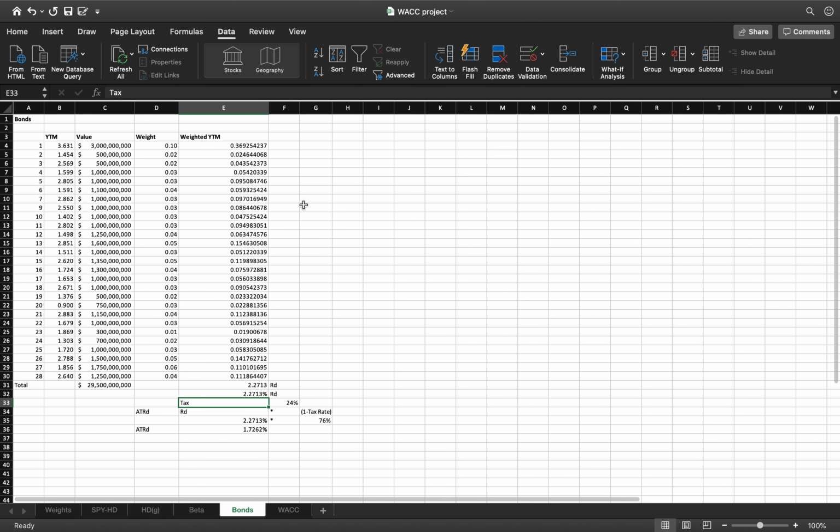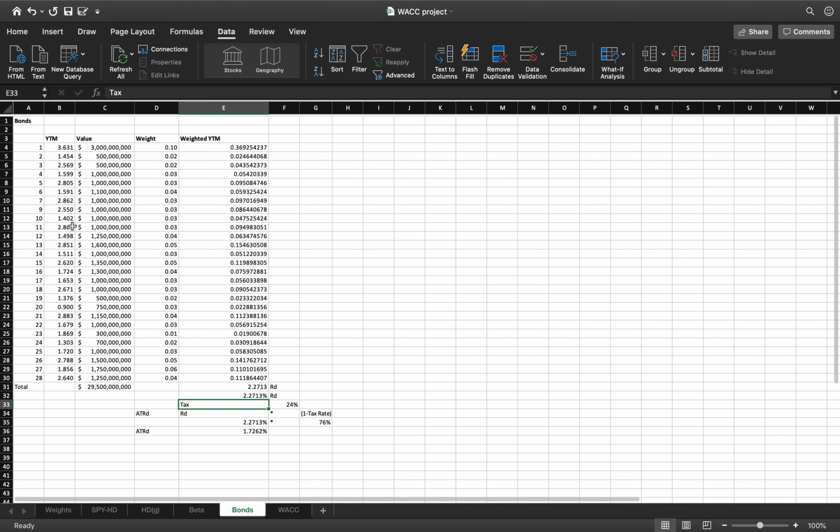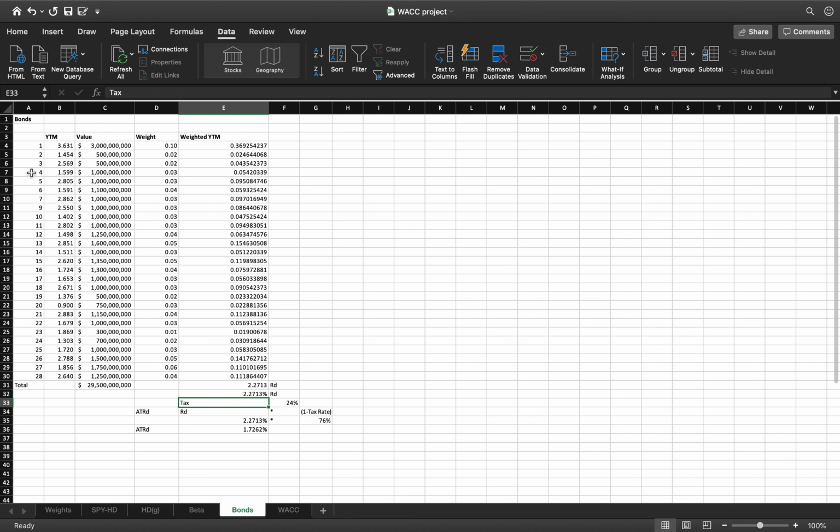Next, we need to find our rate of debt. In order to do this, we need to find all of the bonds that our company had issued. Home Depot had issued 28 bonds at the time of this recording. For each of these bonds, it gave us the yield to maturity and the value. What we needed to find was the weight and the weighted yield to maturity.